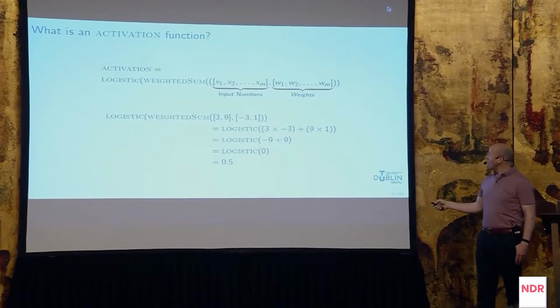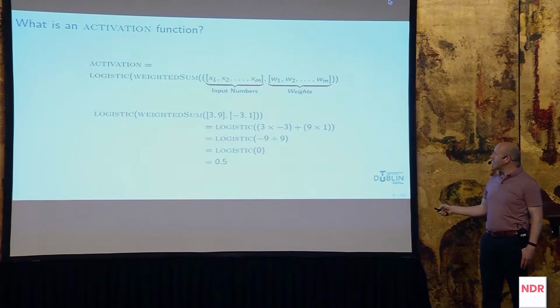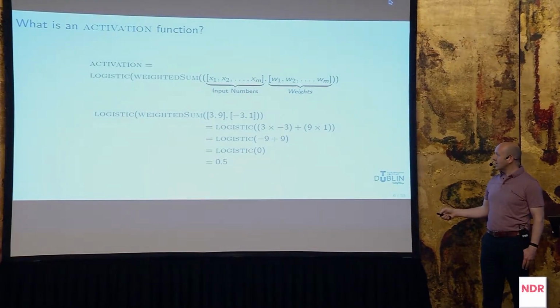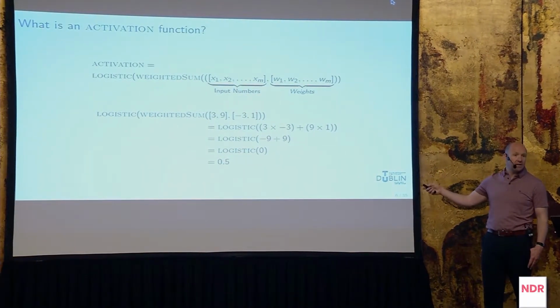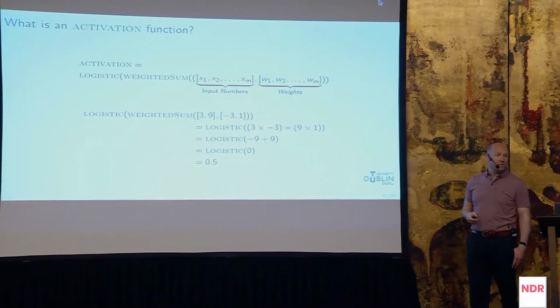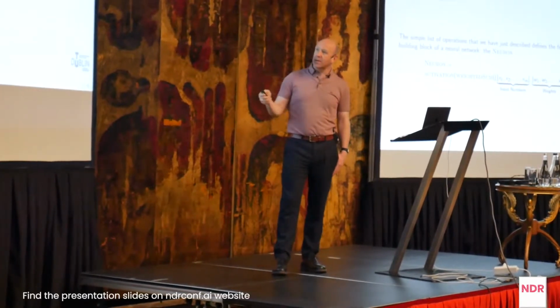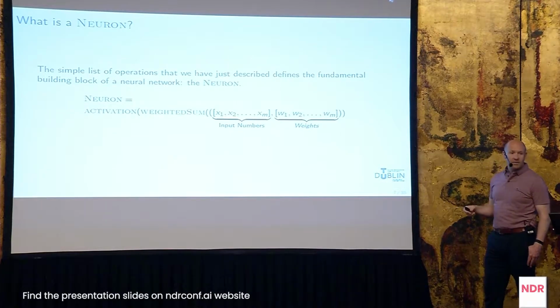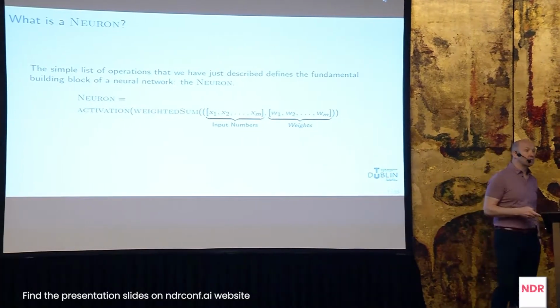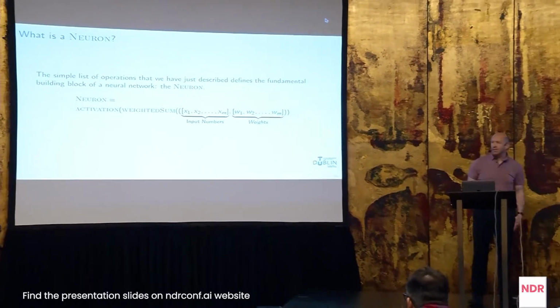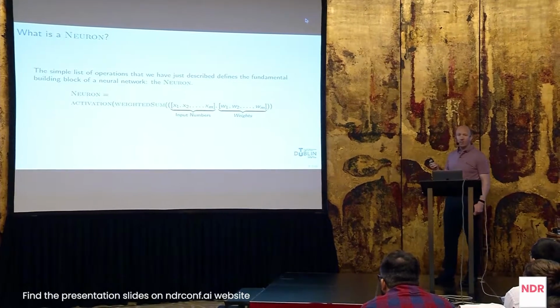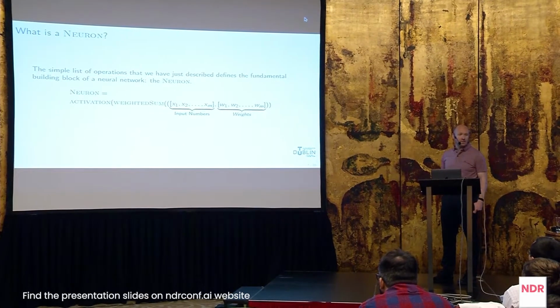And we just take the output of that weighted sum and push it through another function, in this case the logistic activation function, to give us the activation for the neuron. And those two operations together, a weighted sum followed by the activation, define a neuron. So all our neurons, back from McCulloch and Pitts forward, have those two components in them.